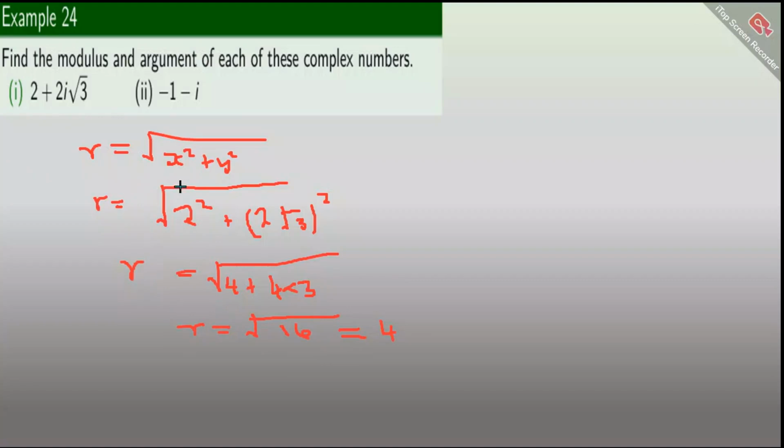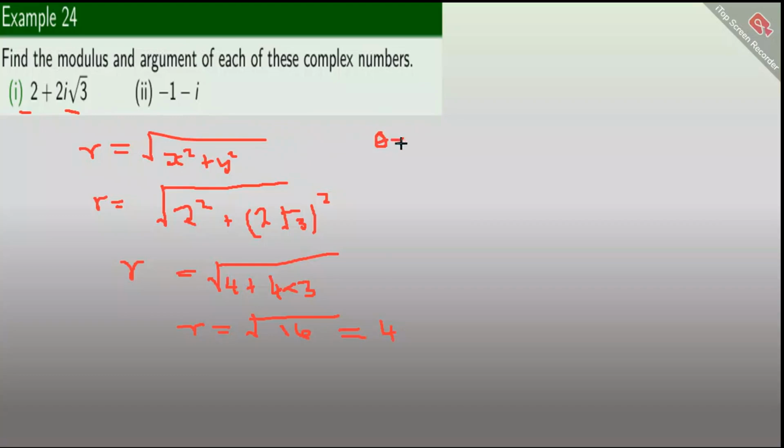When finding the argument, make sure you find the position of this complex number. Where is it located? In what quadrant? They are both positive, so it's definitely going to be in the first quadrant, where alpha is equal to theta. So I'll just go direct.